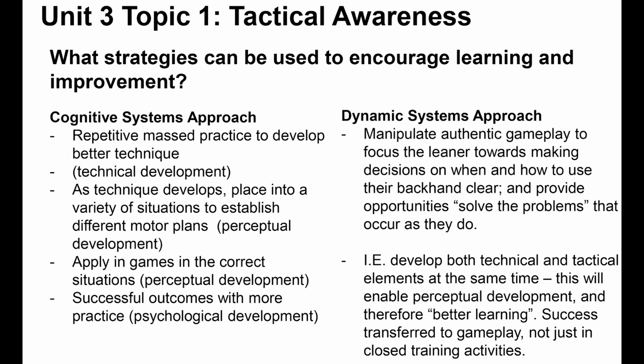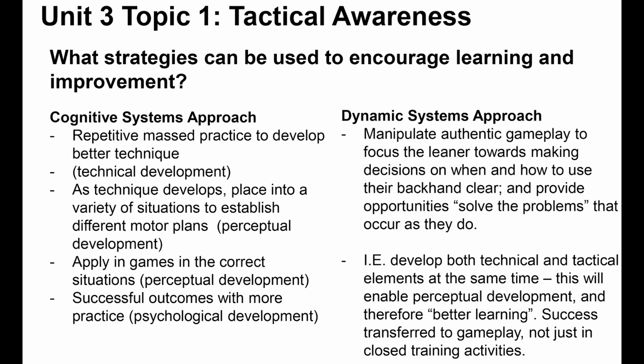So in a dynamic systems approach, when you spot an error, you can develop your technical with your tactical and perceptual all at the same time. And by making those links all at the same time, you use them more in gameplay and they're more successful in gameplay. So what we might do is manipulate our authentic environment to ensure that the learner is always thinking about using that backhand clear.